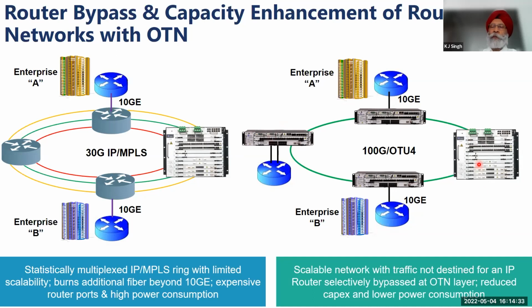The router gets mapped into the OTN and then gets routed to the larger core routers. So the traffic that is not destined to this location needn't be packet switched at this layer. It can be just OTN switched. So that's the motivation.